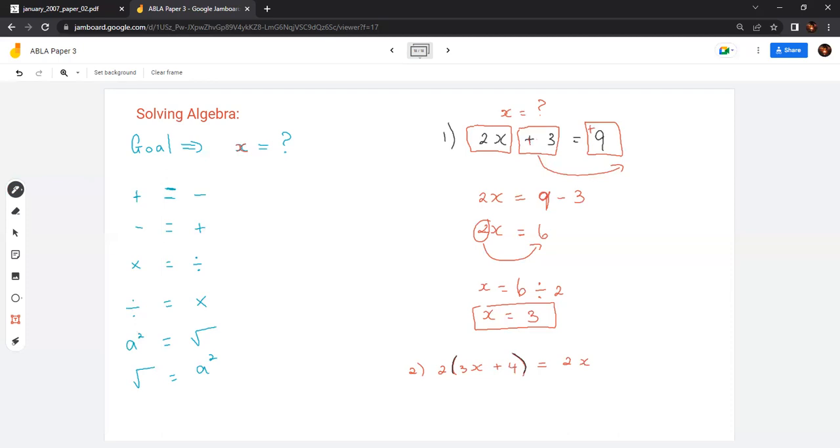And in order to free our numbers, whatever is immediately outside, we multiply by everything inside of your brackets. Remember, you have to apply your directed numbers rules if you have positive and negative numbers. So 3 2s are 6x, 4 2s are 8. There are 2 positives, so it'll be positive 8.